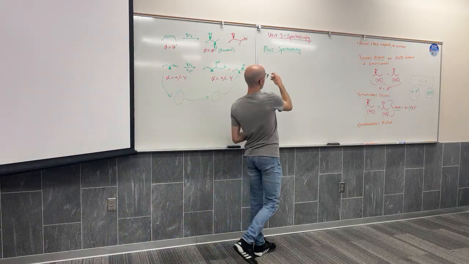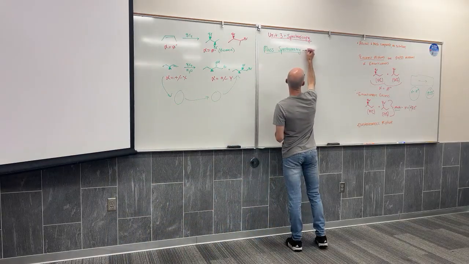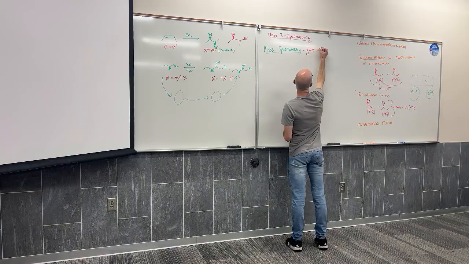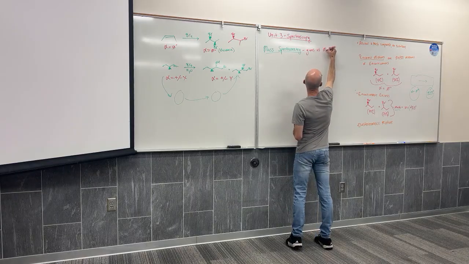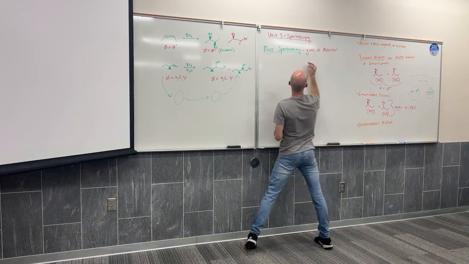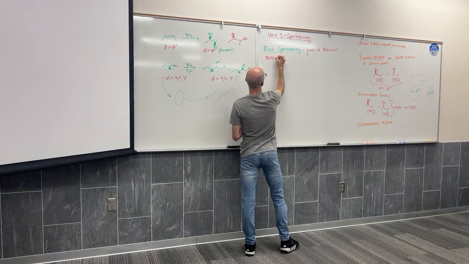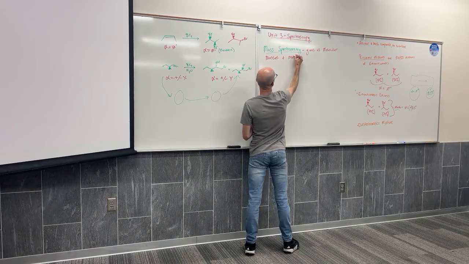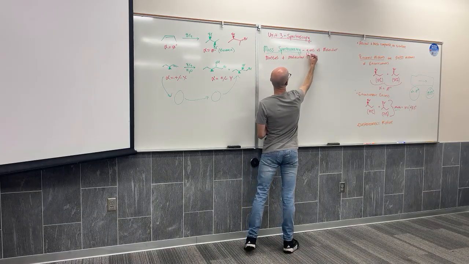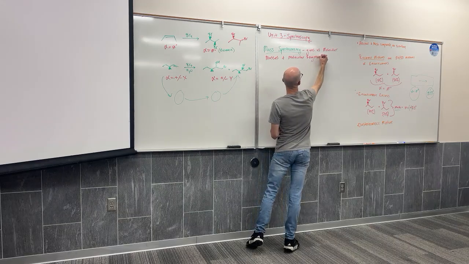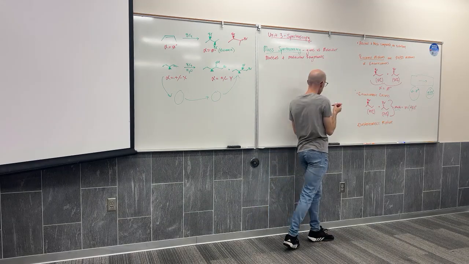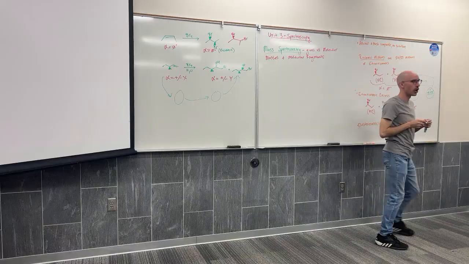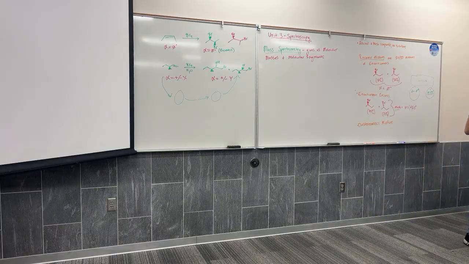One of the most useful things that mass spectra give us, if you have an unknown compound, is that mass spec can give you the molecular mass of your compound.